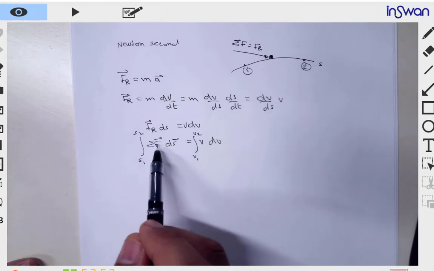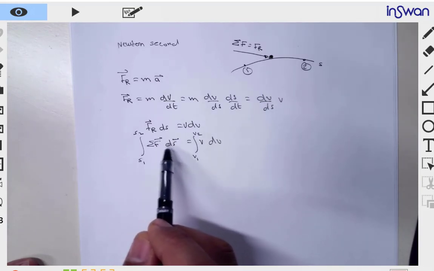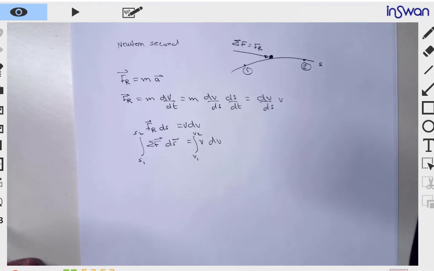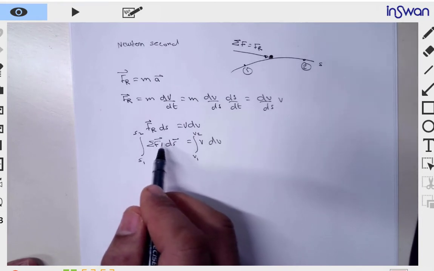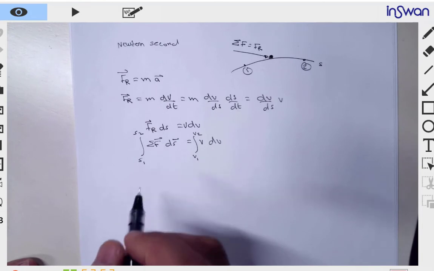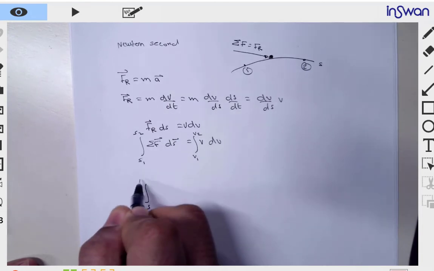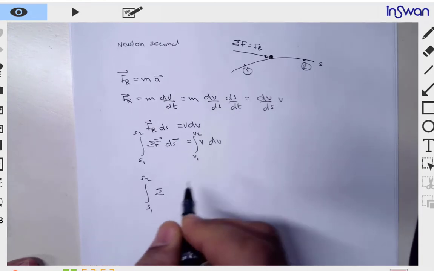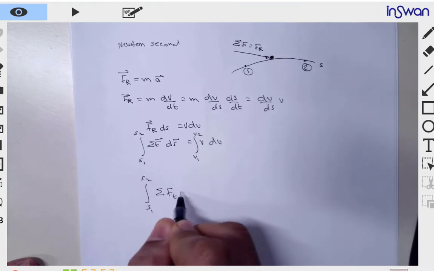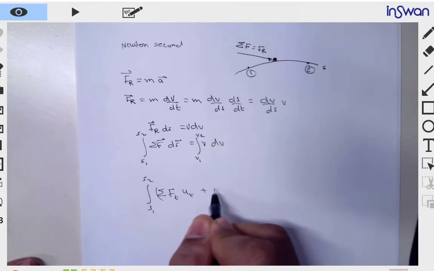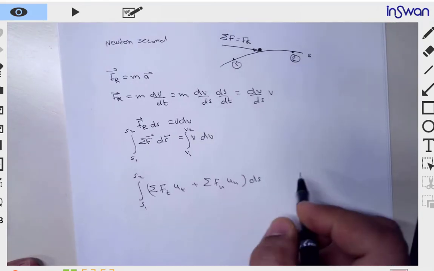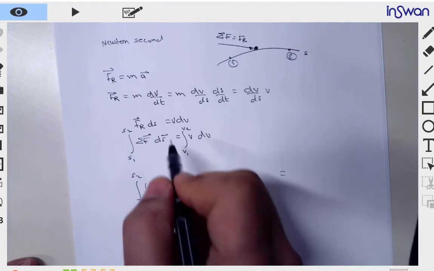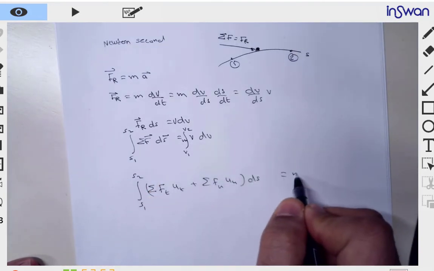And since this is an integration of vectors, it could later be shown that we're only concerned with the integration of these two vectors, which will lead to, you can write it as, from S1 to S2, summation of forces tangential plus summation of forces normal, ds equal to, I forgot here the mass.